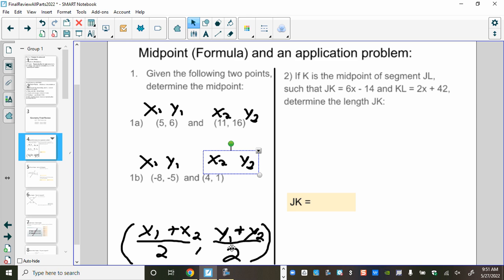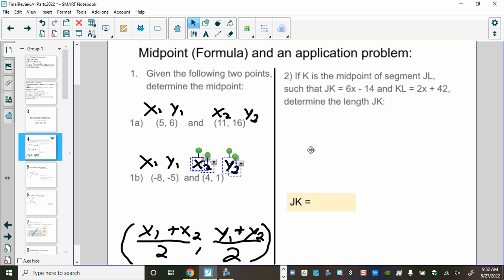Add your x's, divide by 2. Add the y's, divide by 2. Now remember, the key is labeling. Label, label, label. If you can label your points properly, you will be in good shape. Okay, anybody have any questions? So that's the step you need to follow.